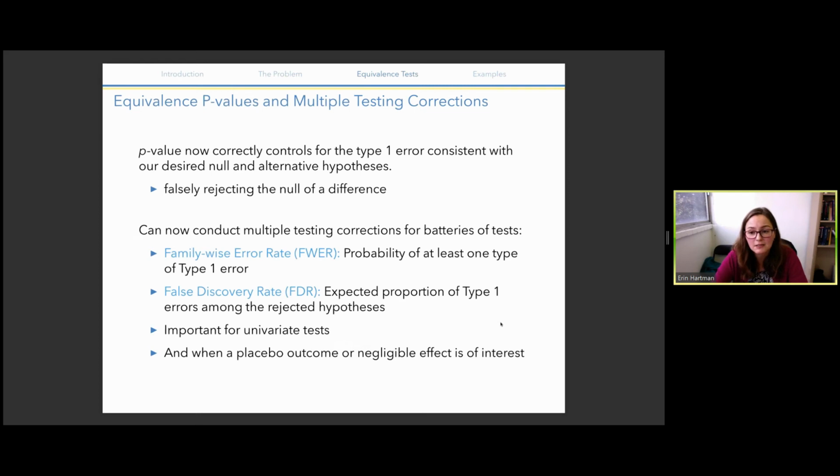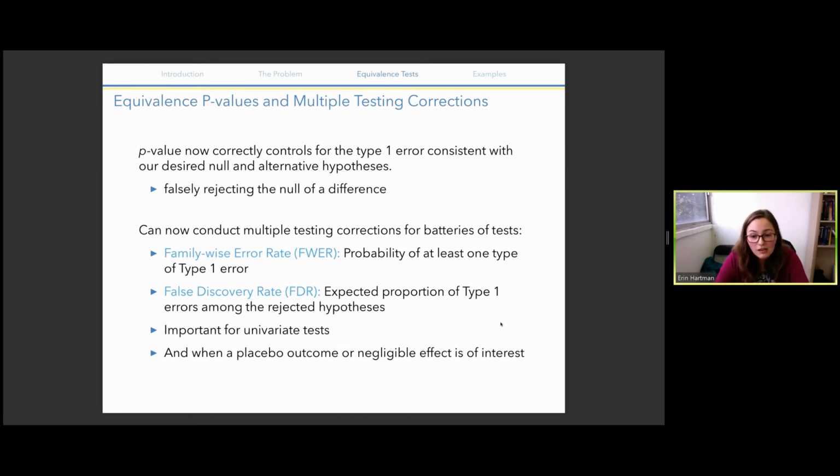The nice thing about setting up our p-values this way is if you're conducting, say, a battery of univariate tests, so a lot of times people want to look at balance on individual characteristics, but they want to look across a bunch of different characteristics, right? So once again, thinking about that initial balance plot that I showed you, we're looking at a bunch of tests. When we're conducting a bunch of tests, over all of those tests, we're not controlling the type 1 error rate.